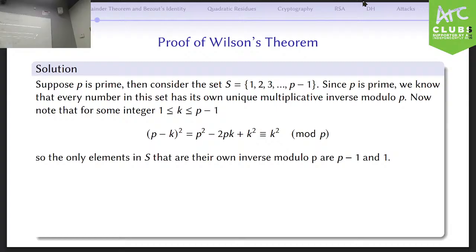Well, from what we found out, only 1 and P minus 1 are their own modular inverse, which means there'll be another number in here that when they multiply with each other, they will result in congruence to 1. And the reason we can say that for sure is when you take in mod P, this set S, 1, 2, 3, up to P minus 1, those are the possible remainders, excluding the 0 or the P part.